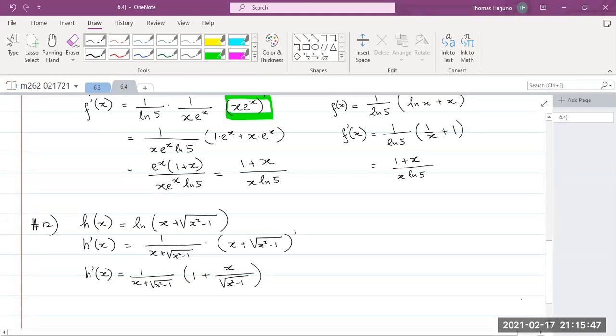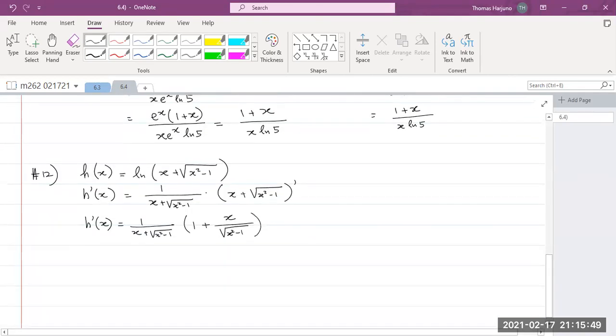I don't think I will multiply that in right away. Let me fix the guy inside the parentheses first. I think it turns out to be a very nice thing.